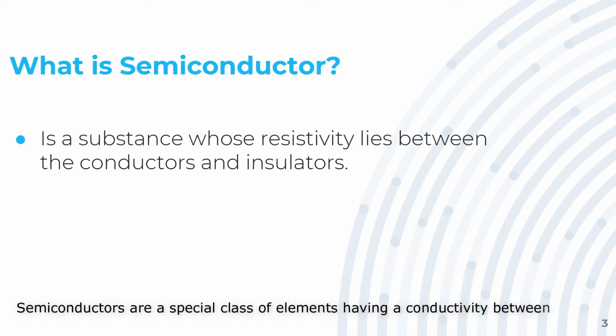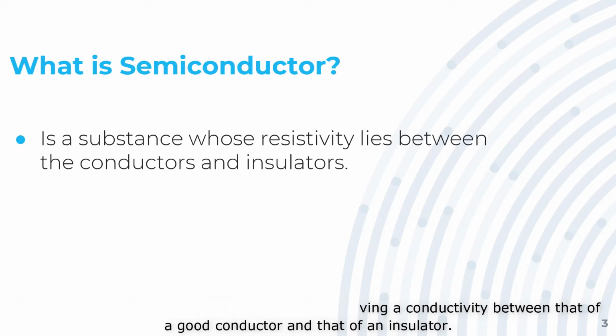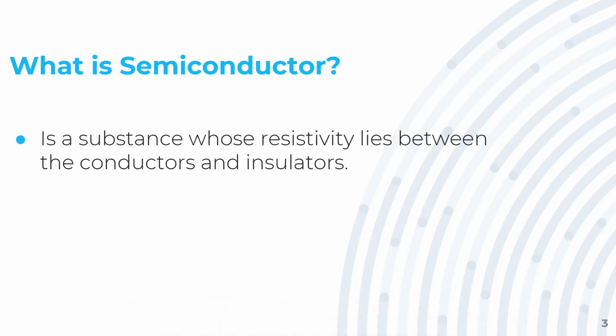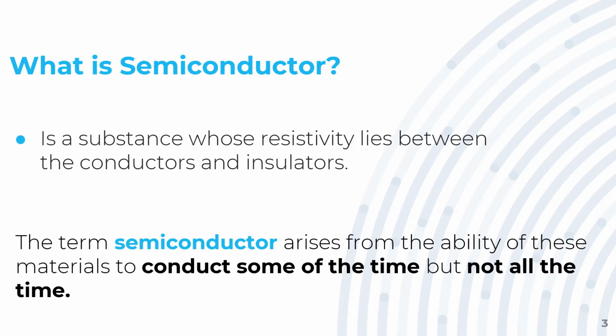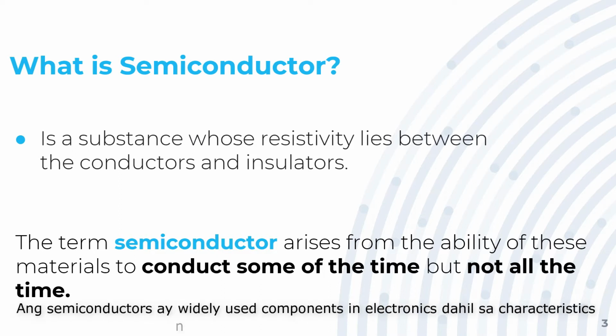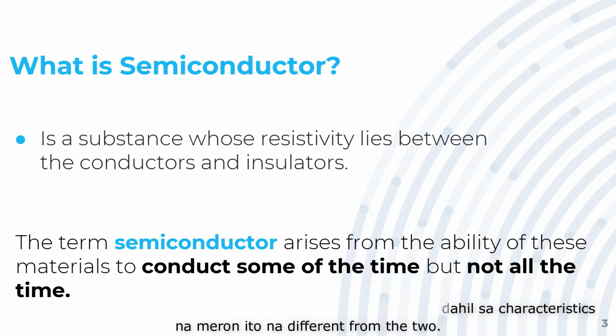Semiconductors are a special class of elements having a conductivity between that of a good conductor and that of an insulator. The term semiconductor arises from the ability of these materials to conduct some of the time, but not all the time. Ang semiconductor ay widely used components in electronics dahil sa characteristics na meron ito na different from the two.